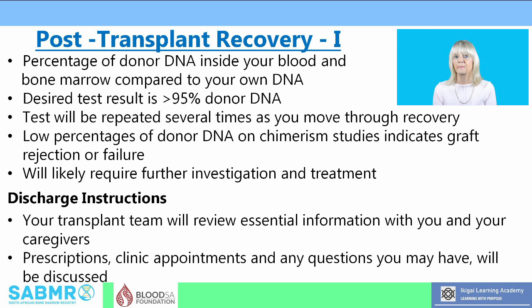This test will be repeated several times as you move through your recovery. Low percentages of donor DNA on chimerism studies indicate that graft rejection or failure has occurred and will likely require further investigation and treatment.